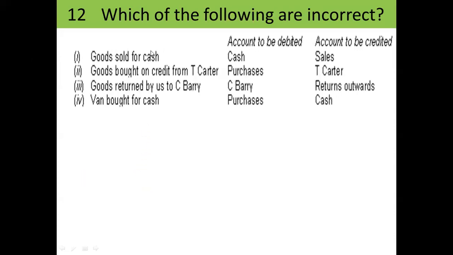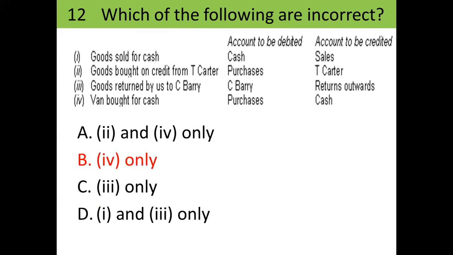12th question. Which of the following are incorrect? Goods sold for cash, debit cash and credit sales. Yes. Second transaction, goods bought on credit from T Charter, debit purchases and credit T Charter. This is correct.